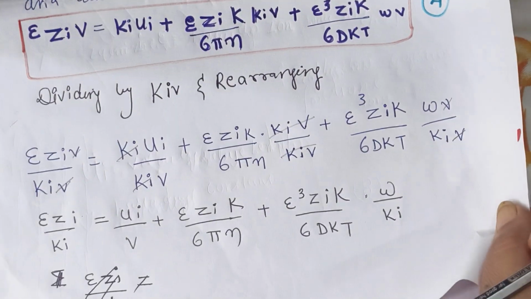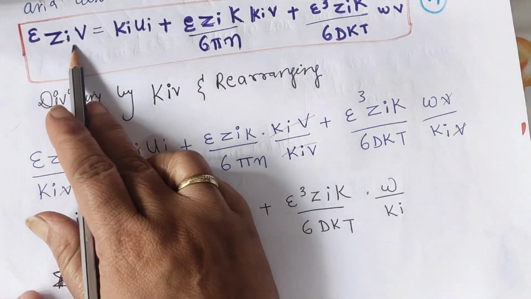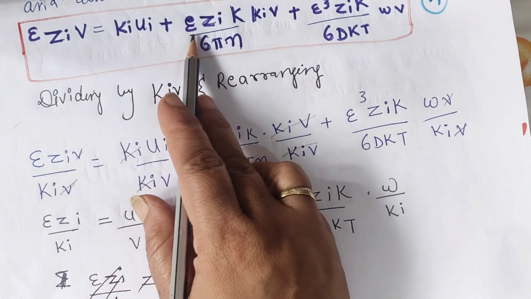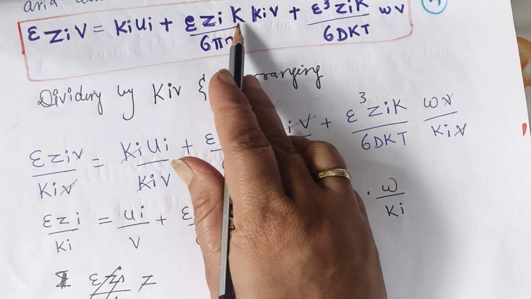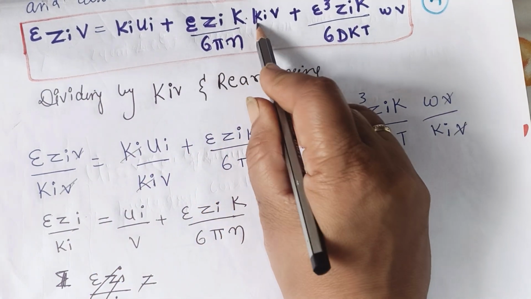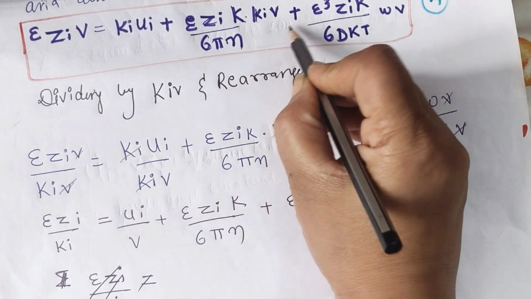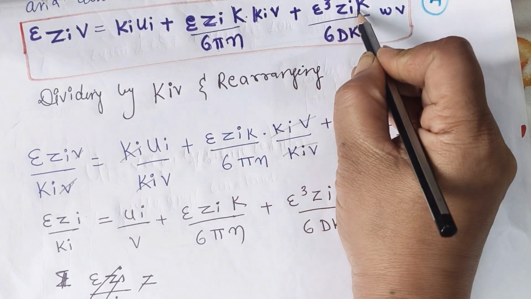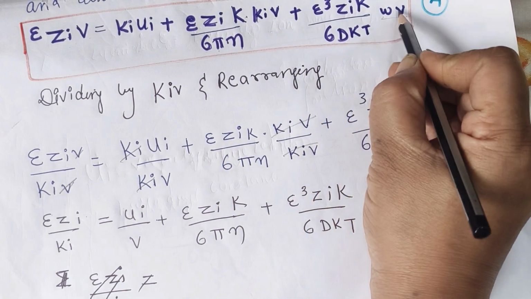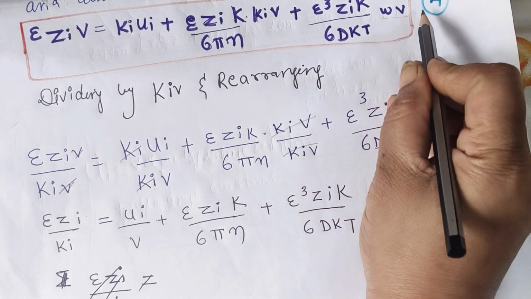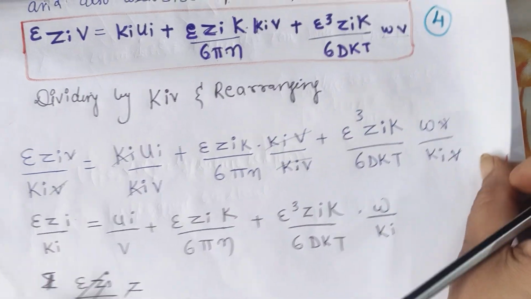So, epsilon Zi V equals Ki Ui plus epsilon Zi k into kiV by 6 pi eta plus epsilon cube Zi k wV by 6 dkT. This is equation number 4.